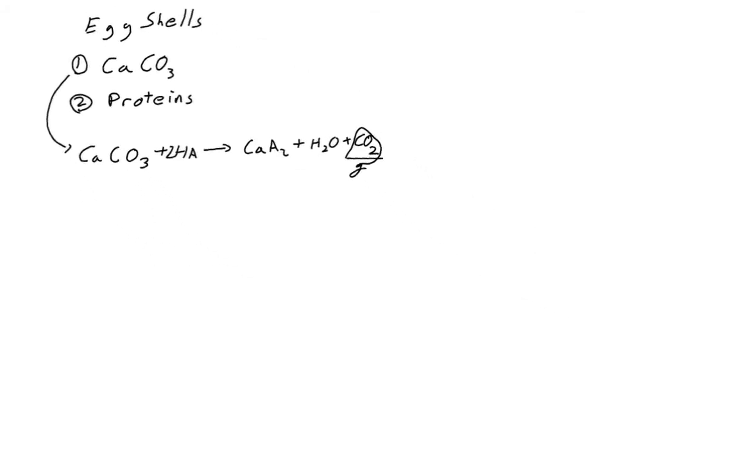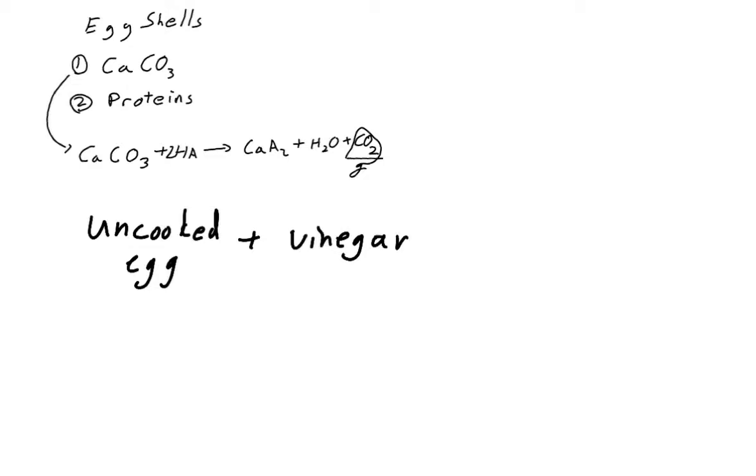is you're going to be taking an egg, an uncooked egg at that, and you're going to be placing that egg in vinegar. Vinegar, scientifically, is known as acetic acid.